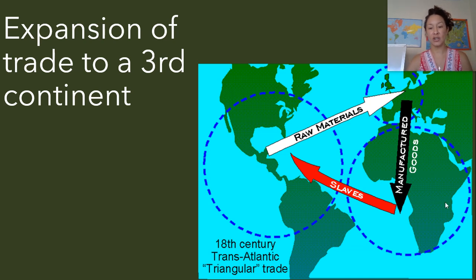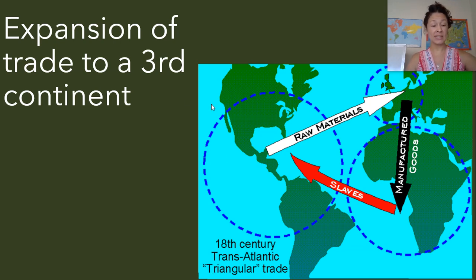And you can see here that the next continent is going to be Africa. So we're going to go from the New World back to Europe, where England is, to Africa and back again, okay? This is the diagram for the 18th century transatlantic, also known as triangular trade.